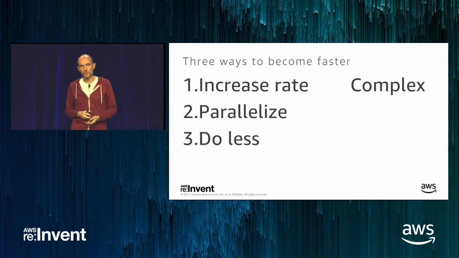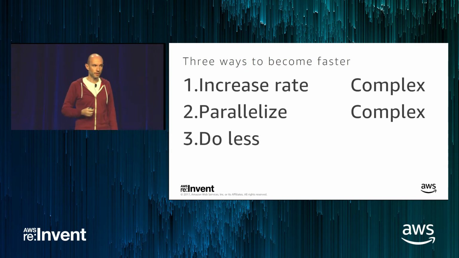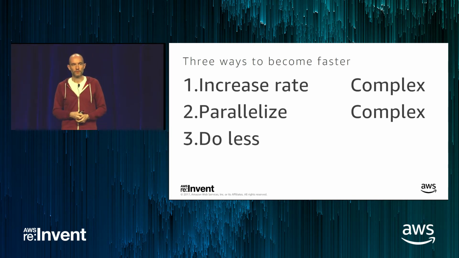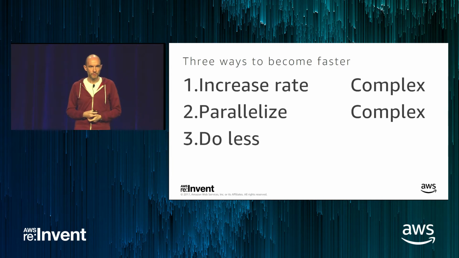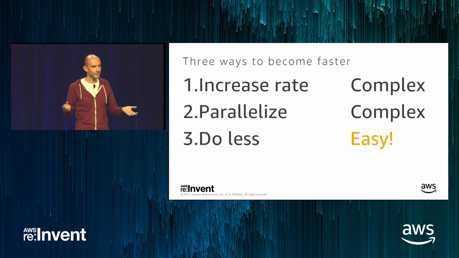The other thing you can do is parallelize your application. And parallelization can also turn out to be complex once you go beyond a certain level. So the third approach we want to suggest to you is actually the lazy approach. And it turns out that it's also an easy approach. And that is to do less.